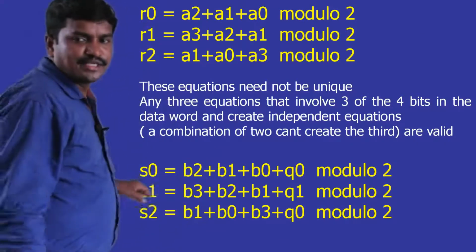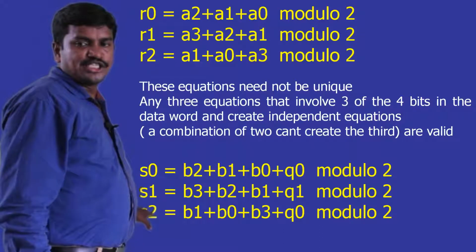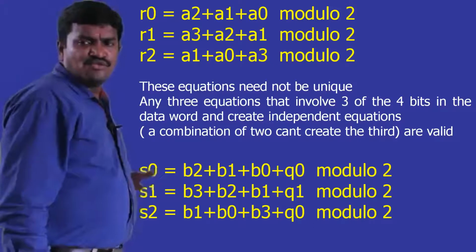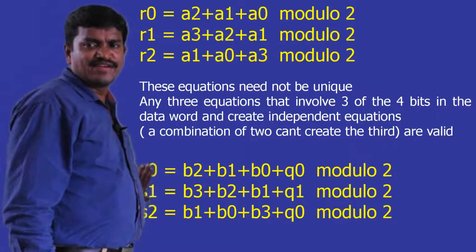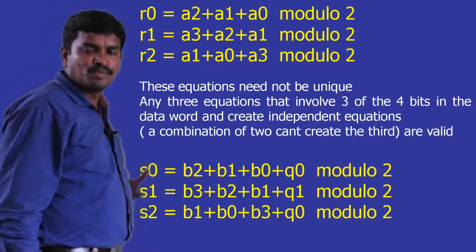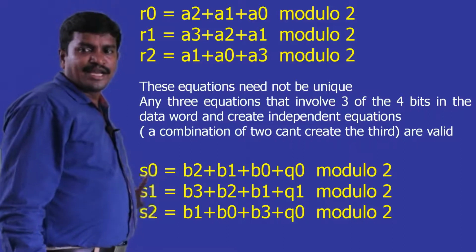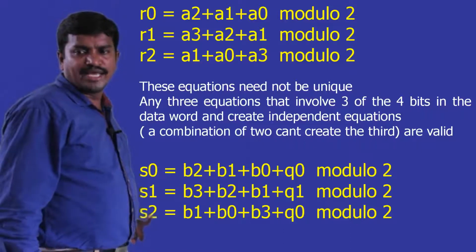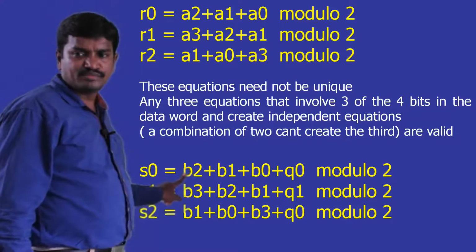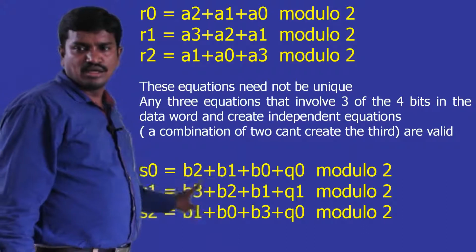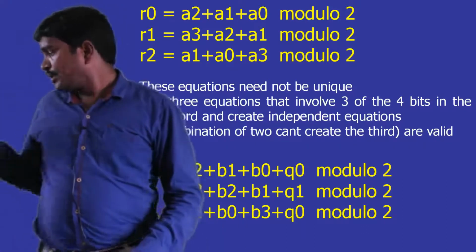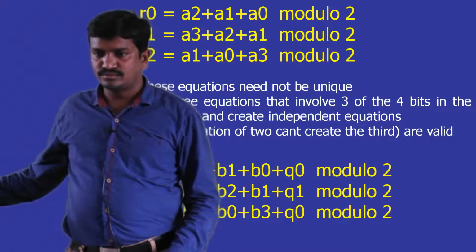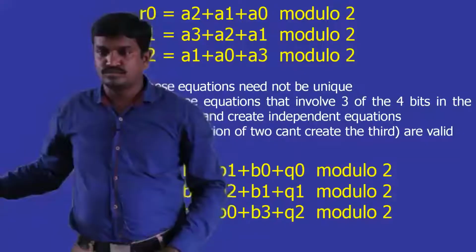0, 0, 1 means S2 is 0, S1 is 0 and S0 is 1. Now which field is having an impact of making S0 1 and the remaining two 0?